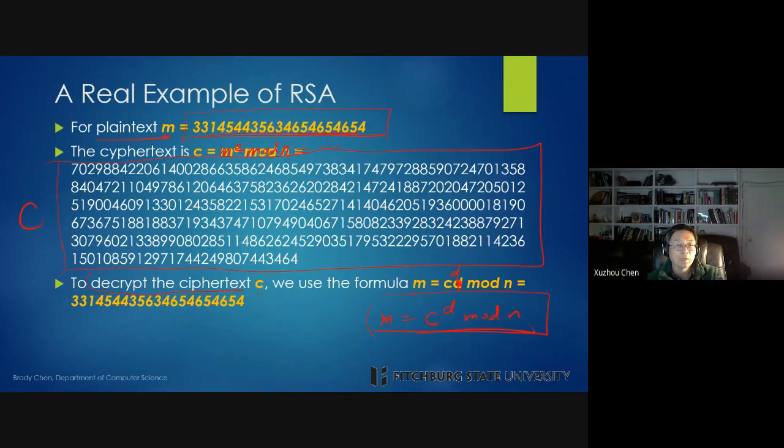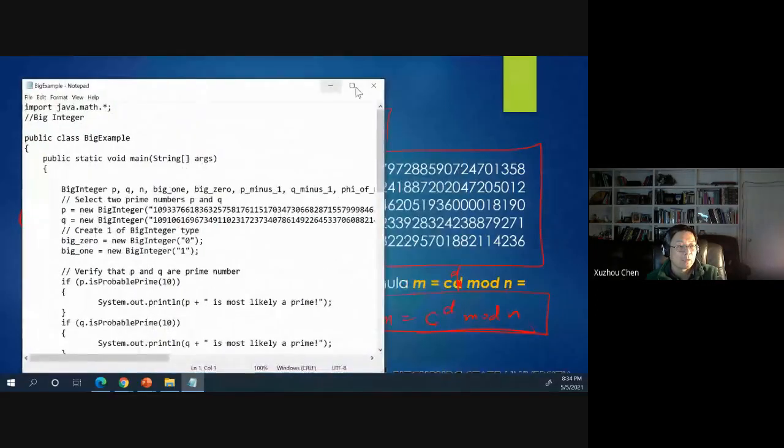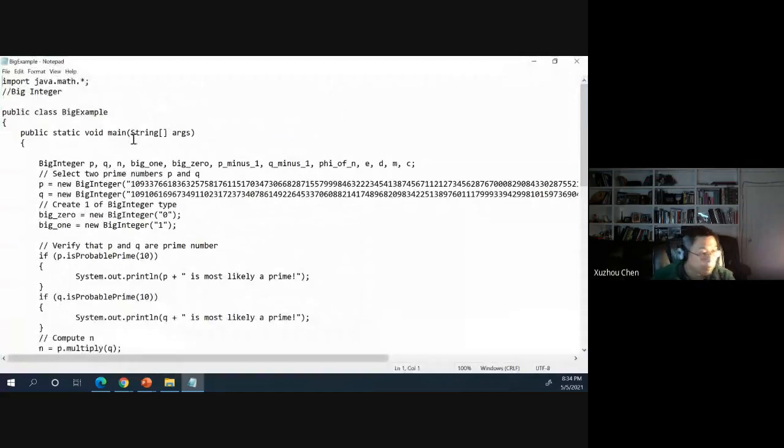I'm not going to ask you to do this, but if you want to know about BigInteger, this is the Java code I have.